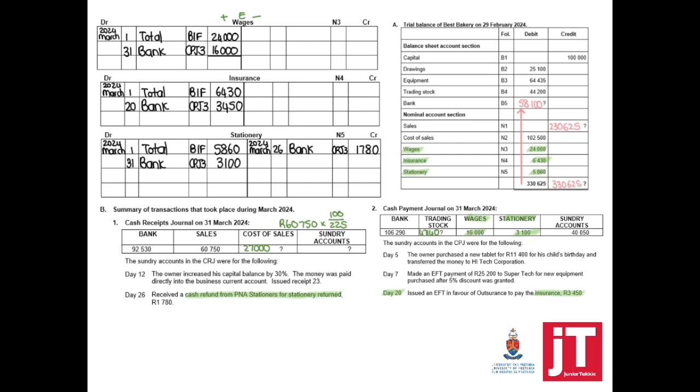There's nothing for wages on the credit side, so we can just total it. The same with insurance. But if you now look at stationery, we need to close off this account by first adding the debit side minus the credit side is my total carried down, means total brought forward.